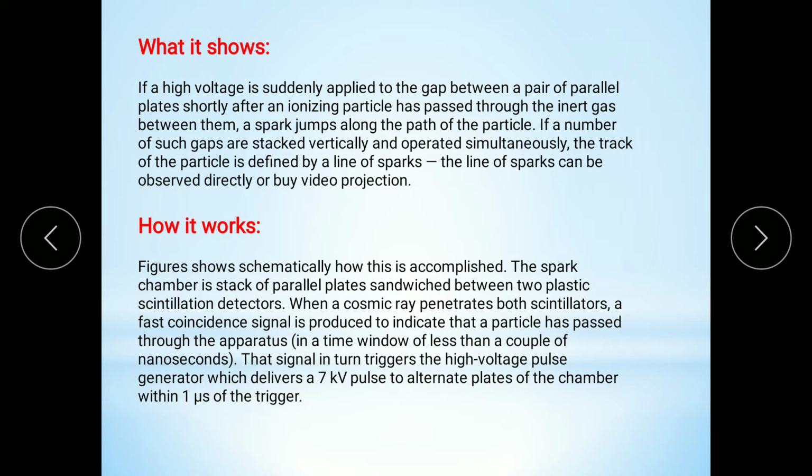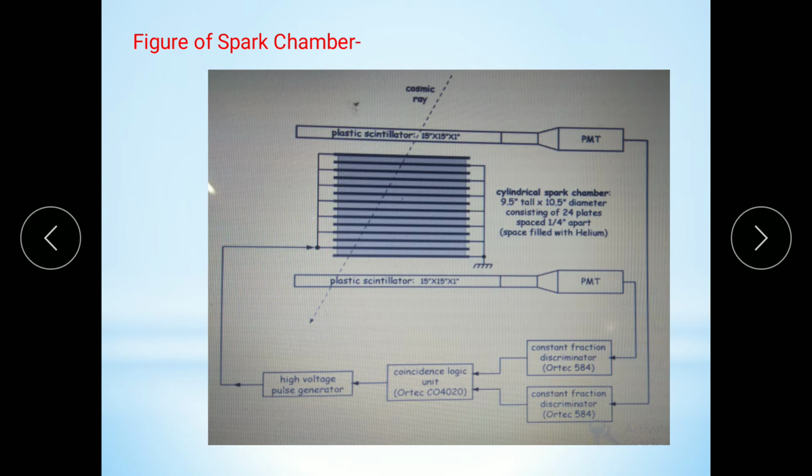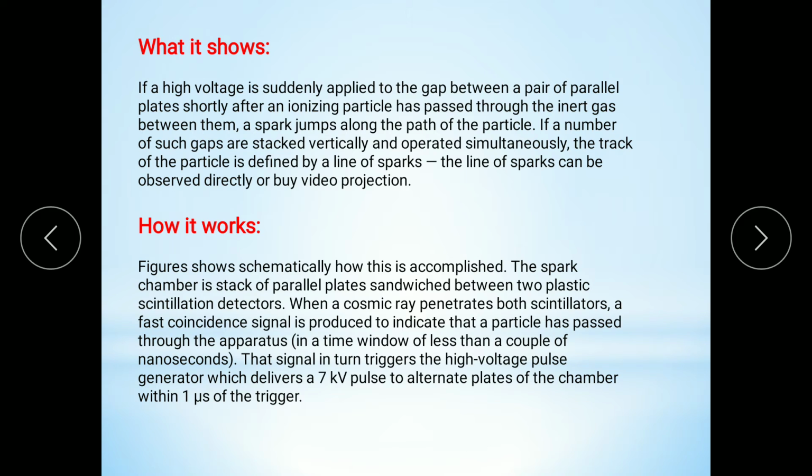Now see the working. If a high voltage is suddenly applied to the gap between a pair of parallel plates shortly after an ionizing particle has passed through the inert gas between them, a spark jumps along the path of the particle.